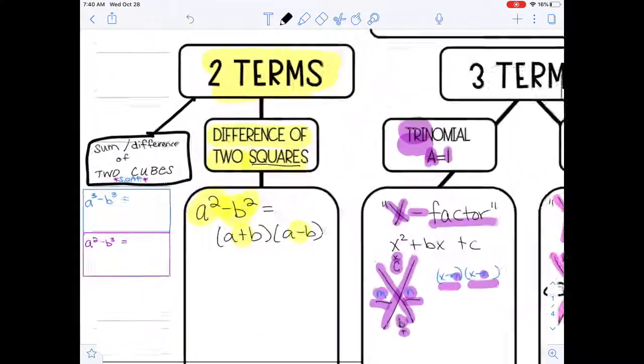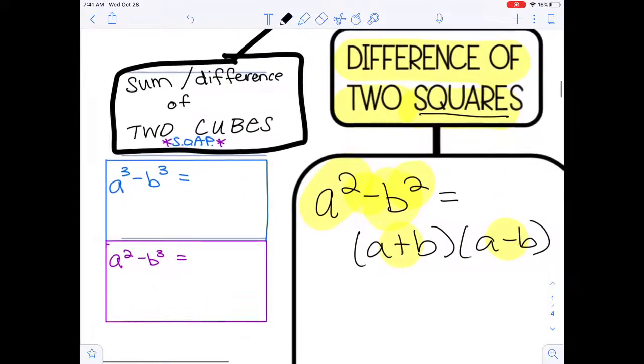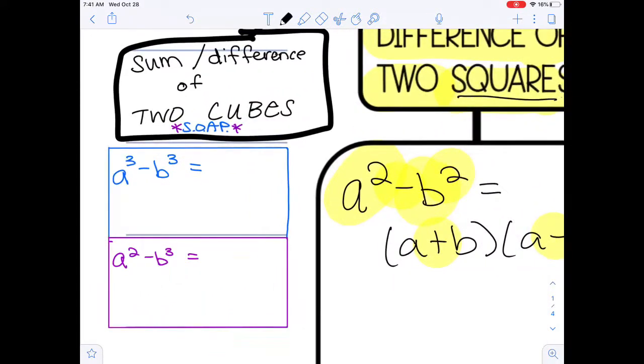But the last one that we need to learn for today is called the sum and difference of 2 cubes. And the thing that you need to remember about this is the term SOAP. And here is why. If we recognize that we're having to factor a sum or a difference, meaning a sum is an addition and a difference is a subtraction, of 2 cubes, meaning some number cubed plus some number cubed, okay?